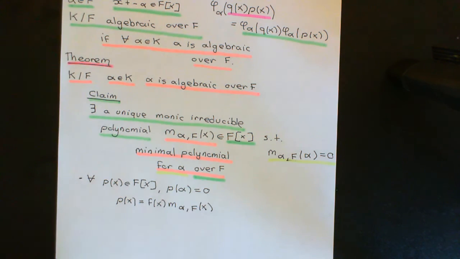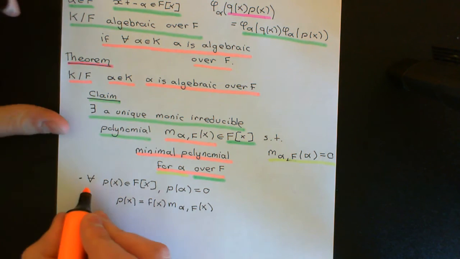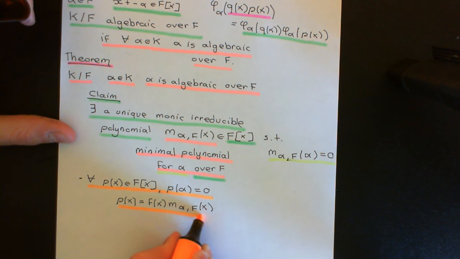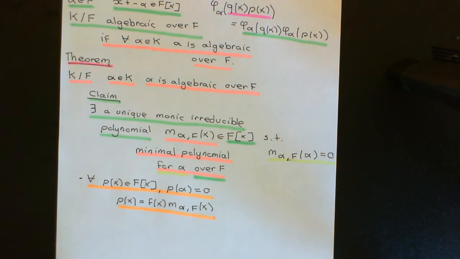So this is, if you like, part 2 of this claim. All other polynomials in the ring of polynomials over the field that have alpha as a root are just going to be multiples of the minimal polynomial for alpha over F.